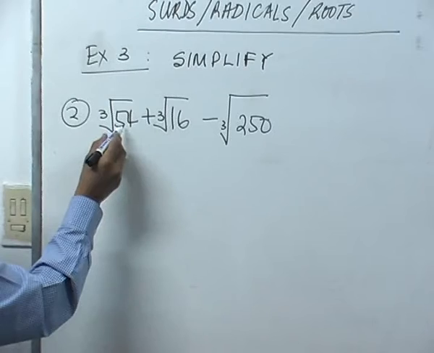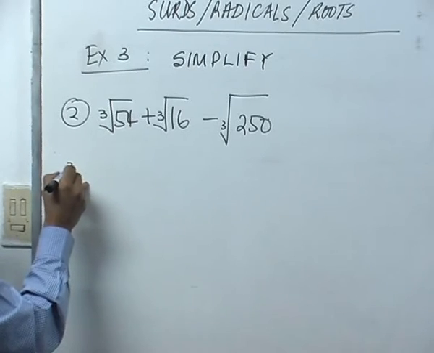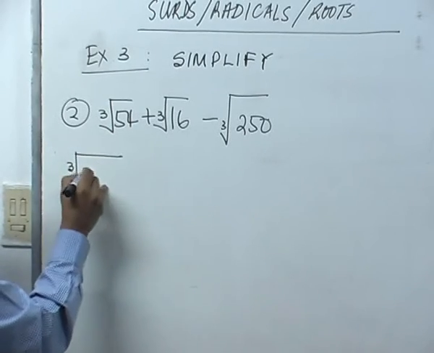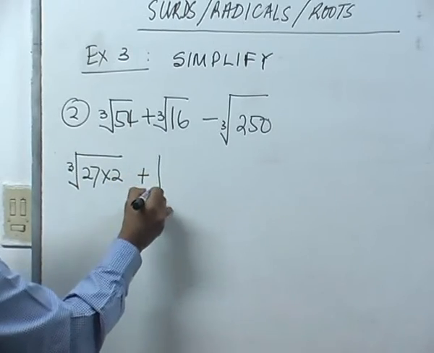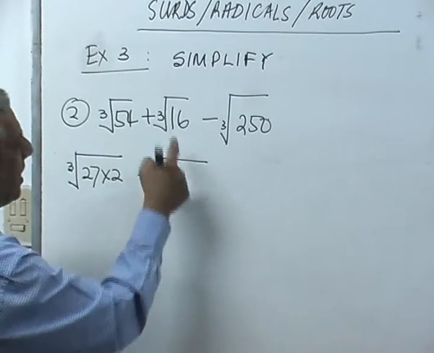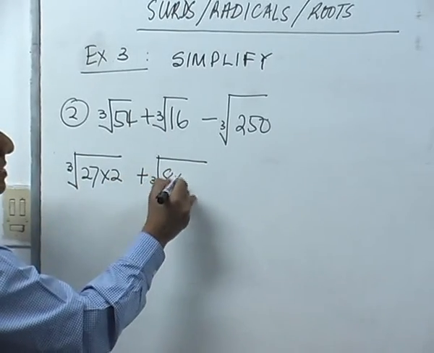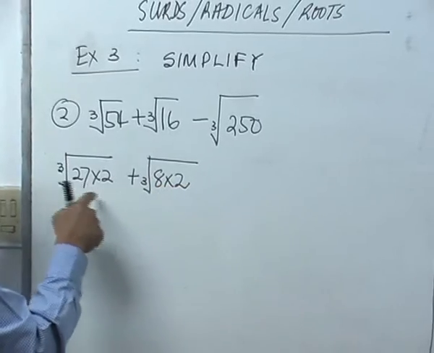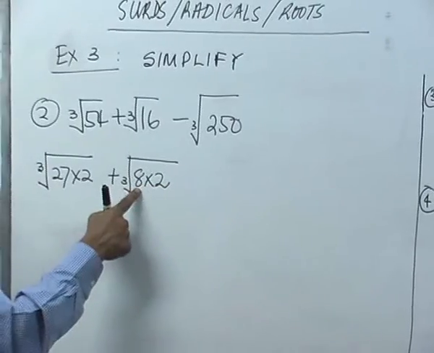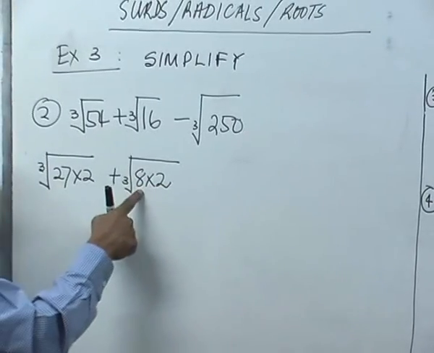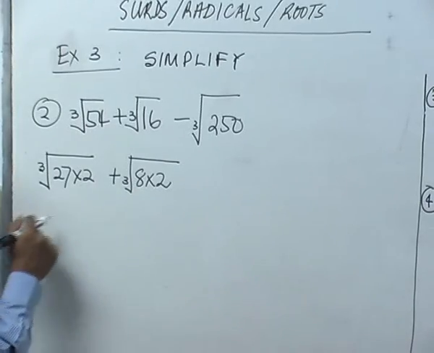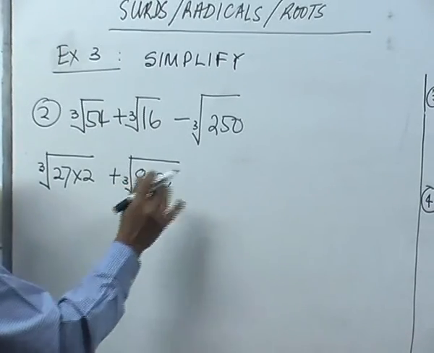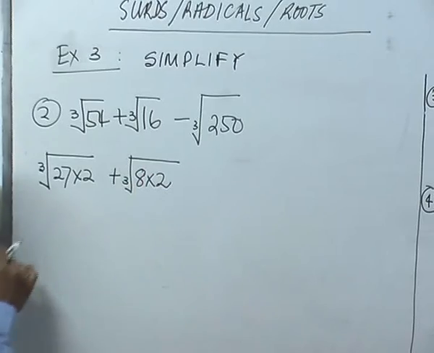Right, so you look at 54 and you break it up. Well, that's cube root of 27 times 2 plus cube root of 16. You break it up into 8 times 2. Now you've got to know your perfect cubes. If you don't know that, write it down or just work it out on your calculator later. Work it on your calculator, write it down on a page next to you.